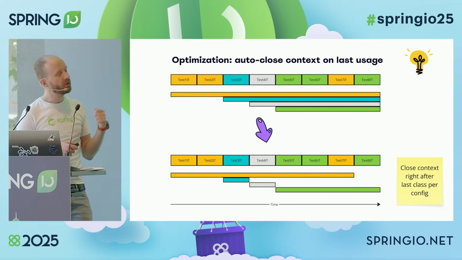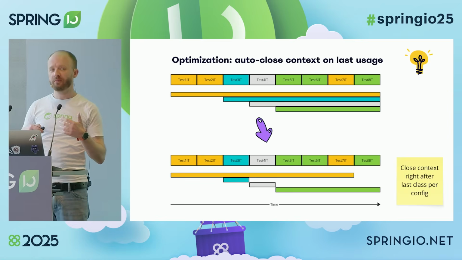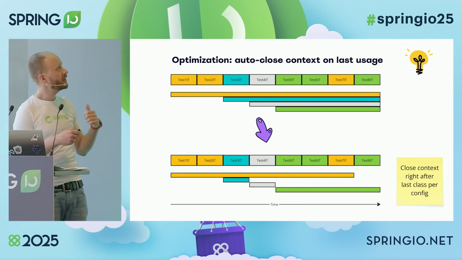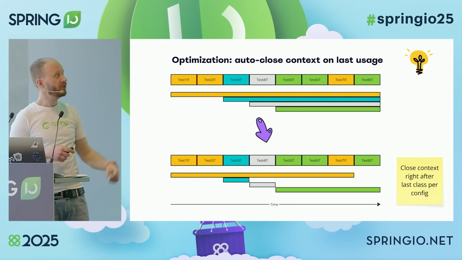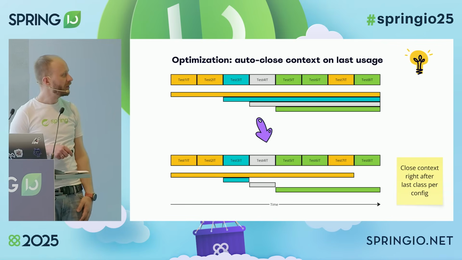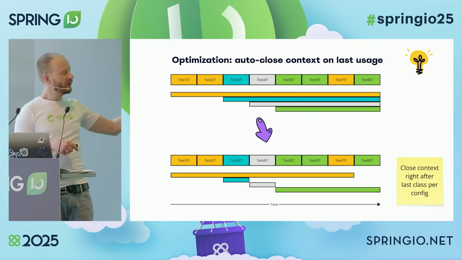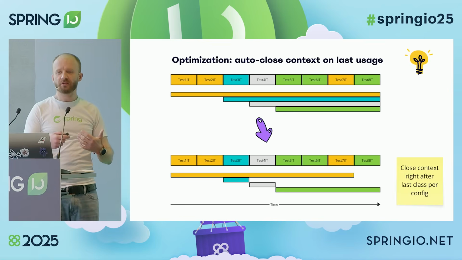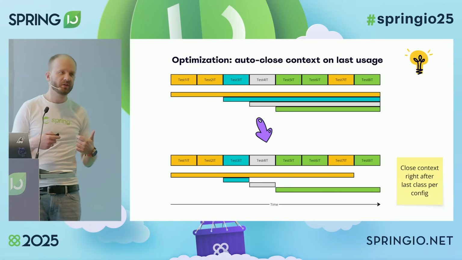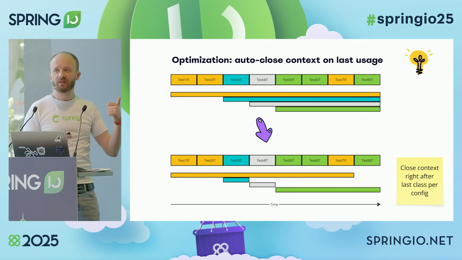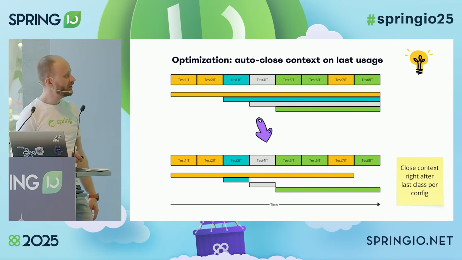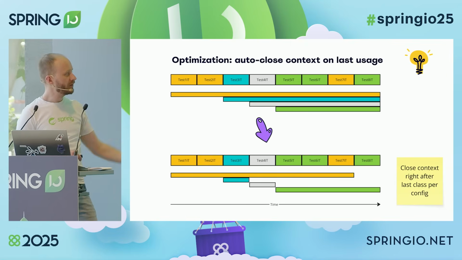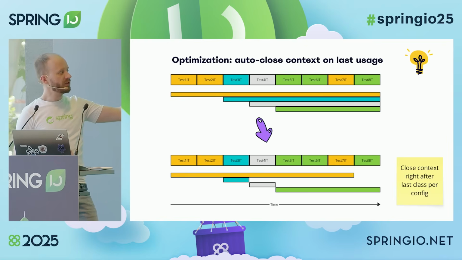So, first of all, if we know from the beginning the order of our tests, and we can pre-calculate the configurations, which is a quite cheap operation, we are aware that after executing some particular test, we don't need to keep the context in the cache anymore, and we can automate this. So for example, test 3 will create its own context, but it's not used by any other subsequent test, so we can close it eagerly in some automated way.